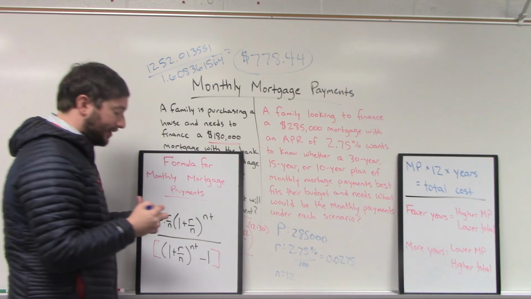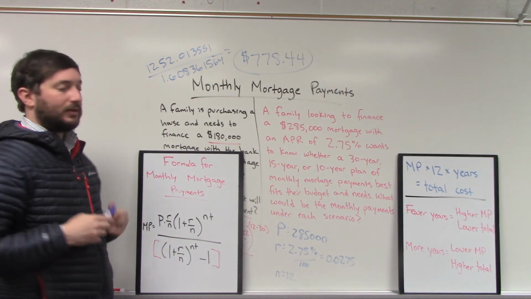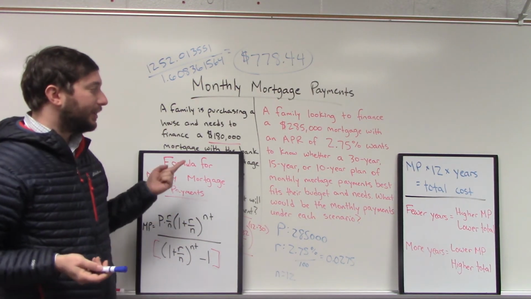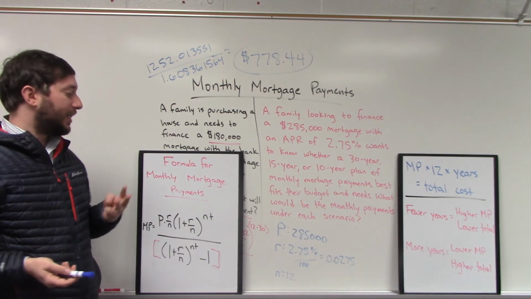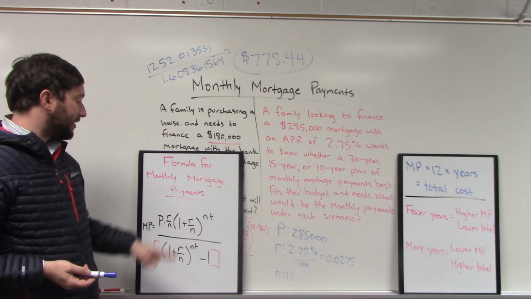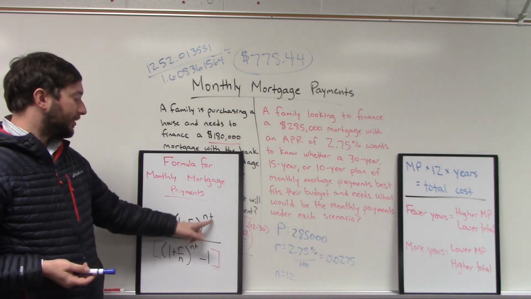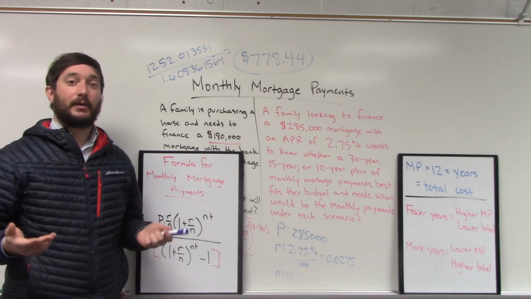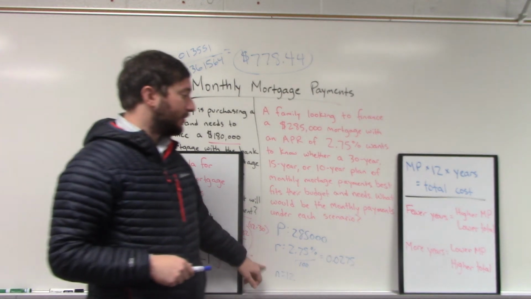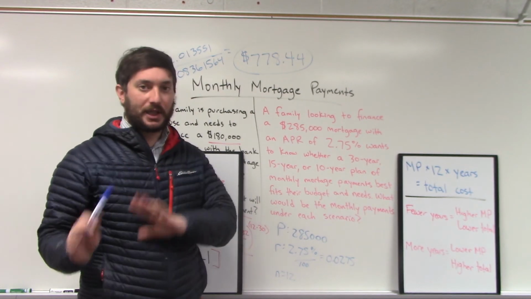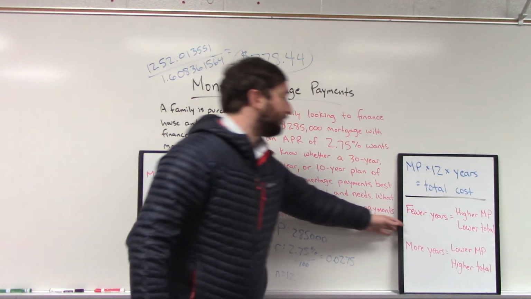But clearly T is going to depend on which plan we're choosing, a 30-year, a 15-year, or a 10-year. Those two T's, those two exponents, will be affected by which you choose. Now, I'm going to let you try those three scenarios on your own.